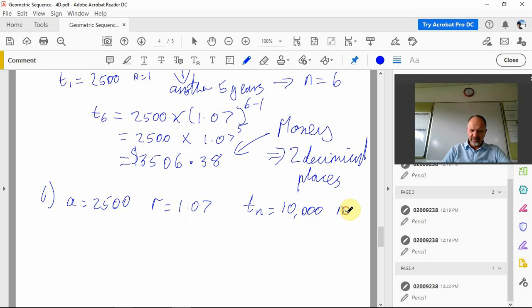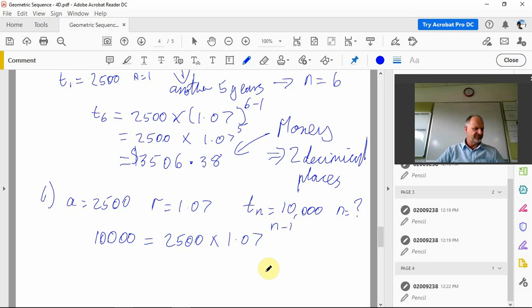And we want to know N. So if we set up, term N is 10,000, and that's equal to A, 2,500, times 1.07 to the N minus 1.